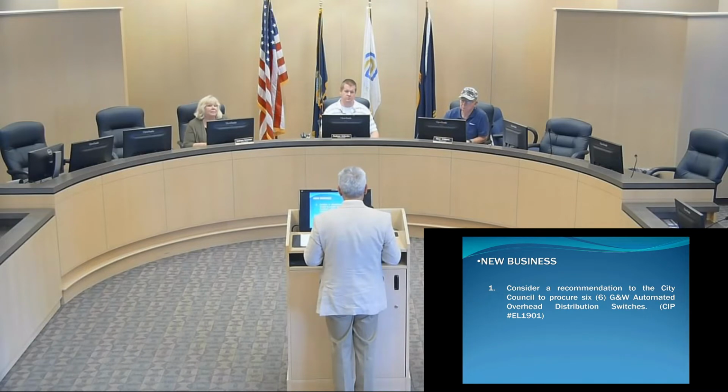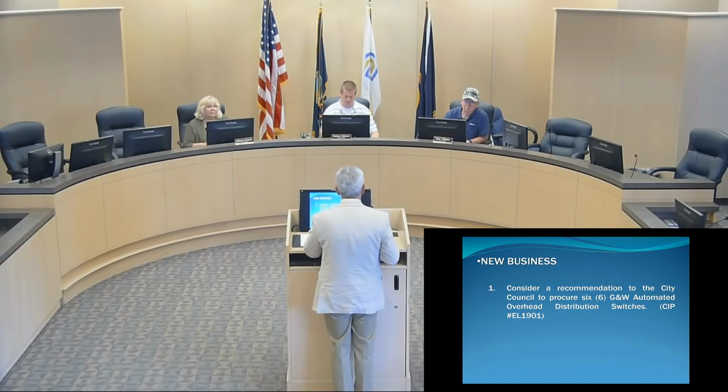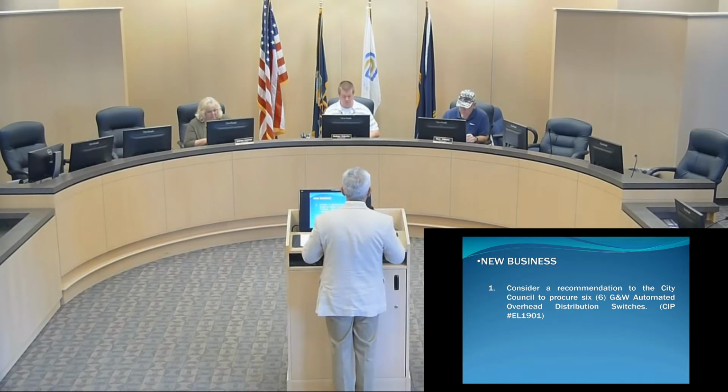So based on that event, I asked Bruce which sections or which circuits in the city operated switches. So he determined the 6 locations, which is shown in the map, and that will tie different circuits. In case you have an outage or a line goes down, you are able to connect different circuits through your distribution switch, and it'll be done remotely from the SCADA.